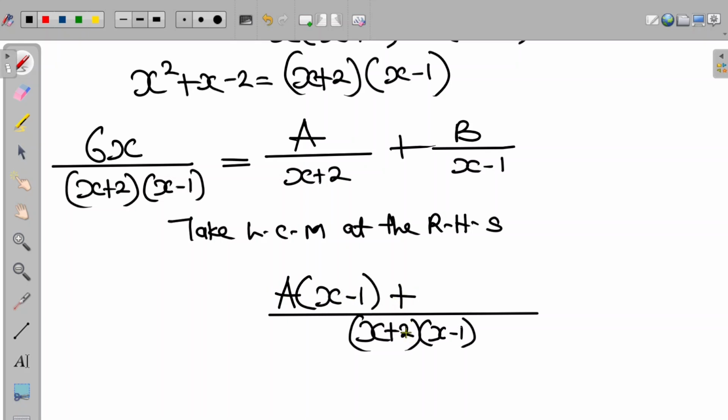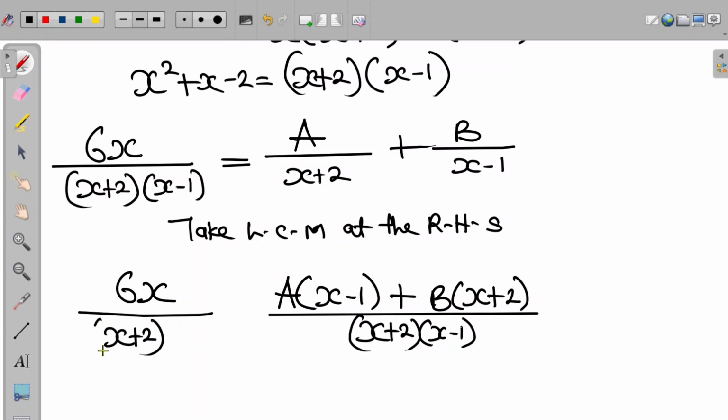Also, the LCM divided by x minus 1 will be left with x plus 2, so we have b multiplied by x plus 2. And then we write down the left-hand side. So we have 6x divided by x plus 2 multiplied by x minus 1.